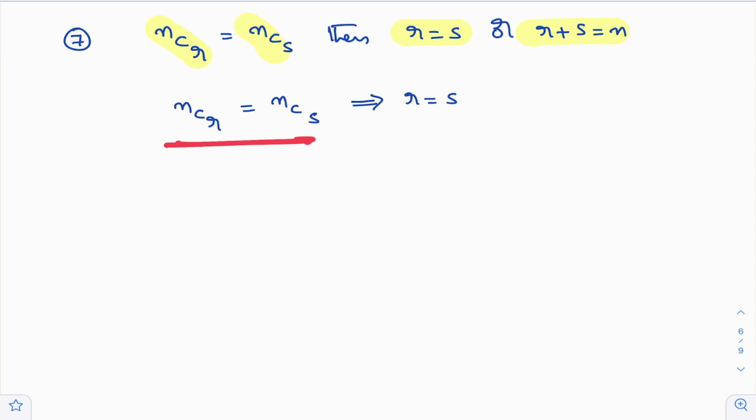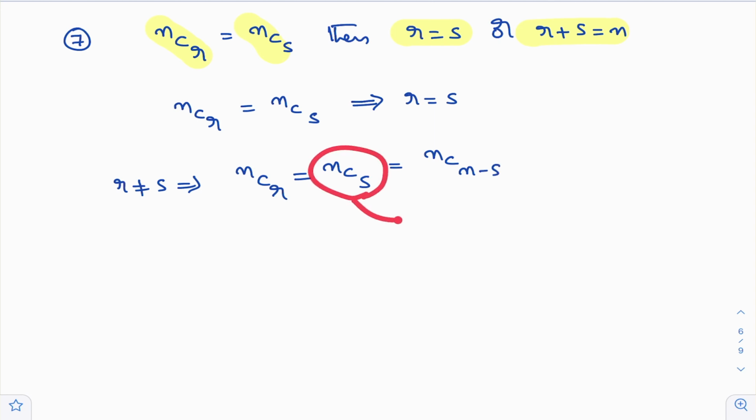So nCr equals nCs, there is a chance that r equals s. If r equals s, in that case nCr equals nCs. In case r is not equal to s, and we know that nCr equals nCs, nCs can be written as nC(n minus s), because we know the formula nCr equals nC(n minus r).